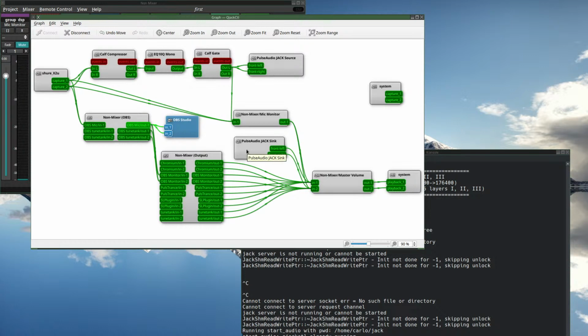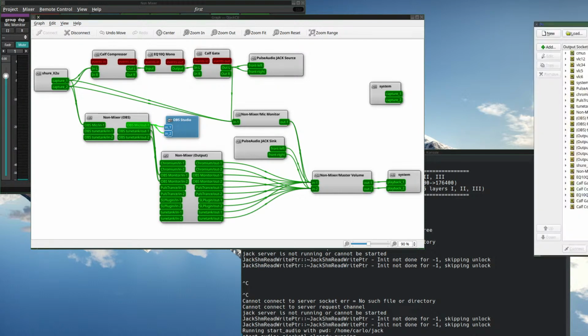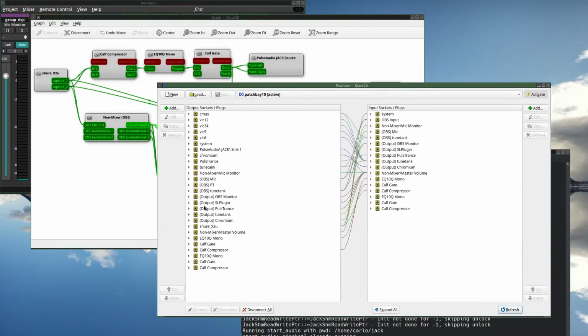I think they renamed it. Maybe the thing is named differently or something like that. According to this, I would have an automatic connect from OBS mic to two things.